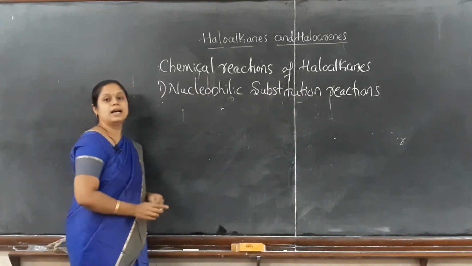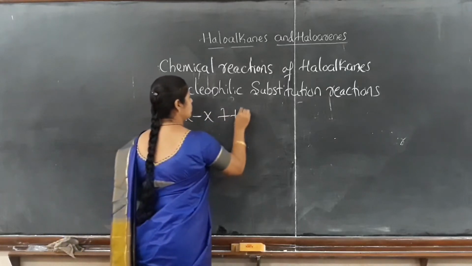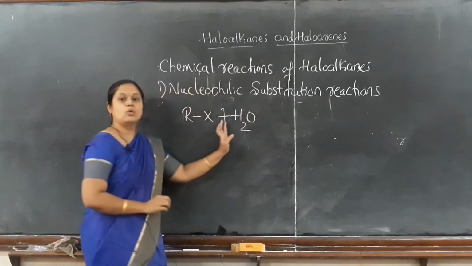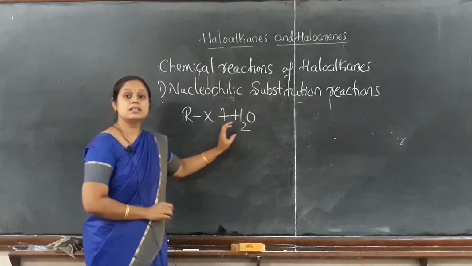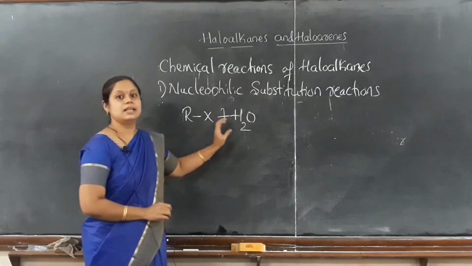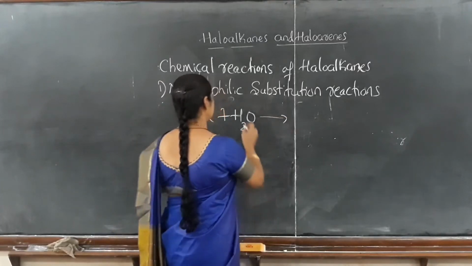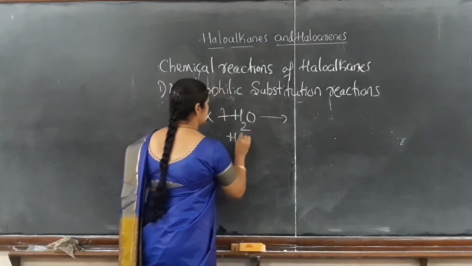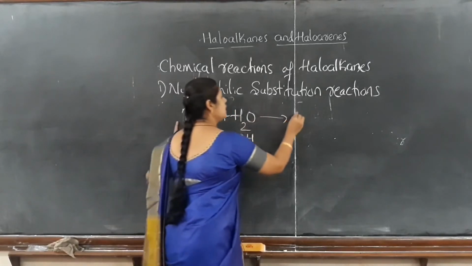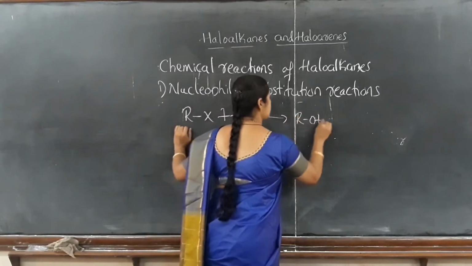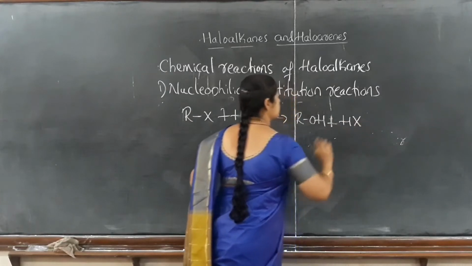Let me take the next example. When an alkyl halide is treated with water, which is a neutral molecule, tertiary alkyl halides undergo this reaction. Here I can write H2O as HOH. OH is a nucleophile which substitutes the halogen, and HX is formed.